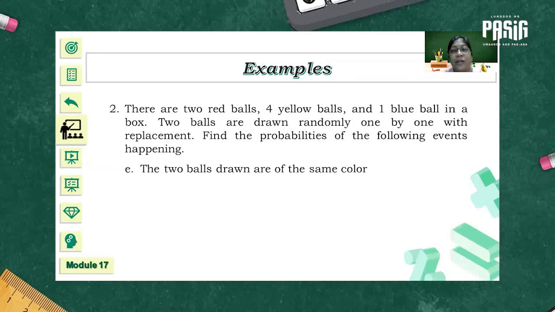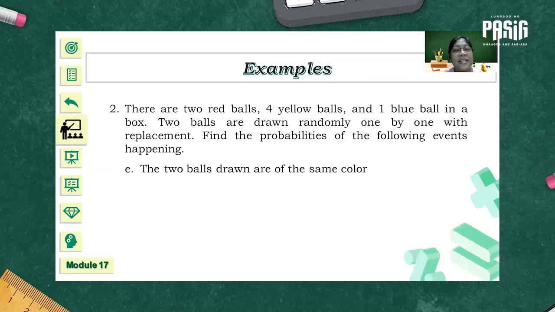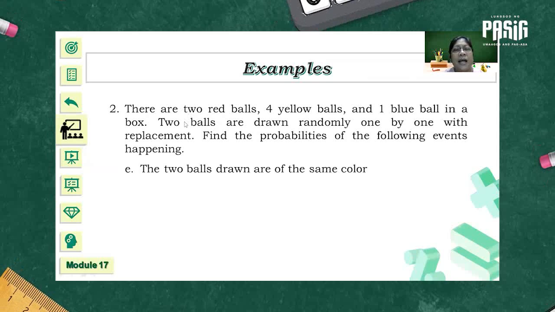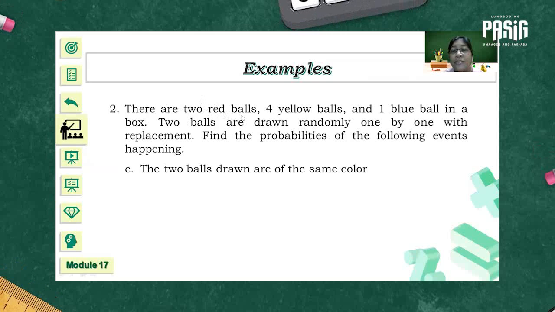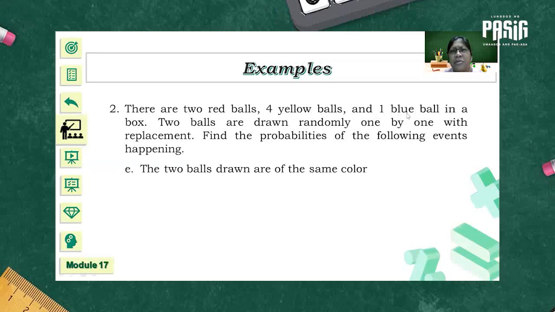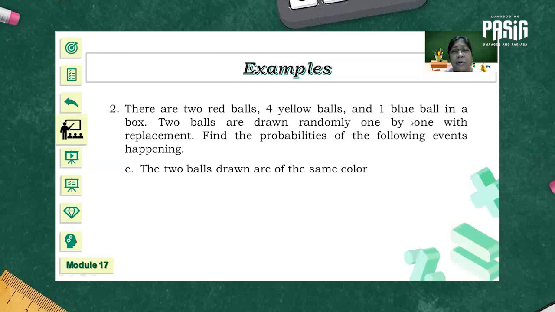The two balls thrown are of the same color. If we have the same color, what are our choices? We can have 2 red balls or 2 yellow balls. We cannot make use of blue because there is only 1 blue ball.